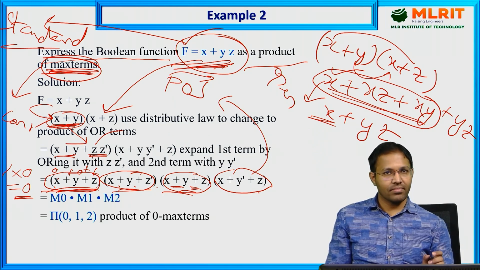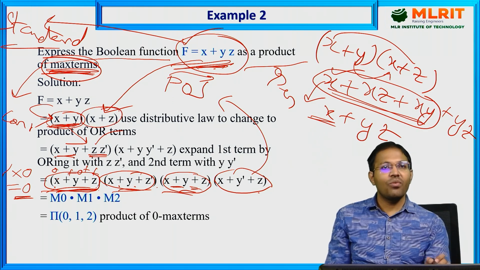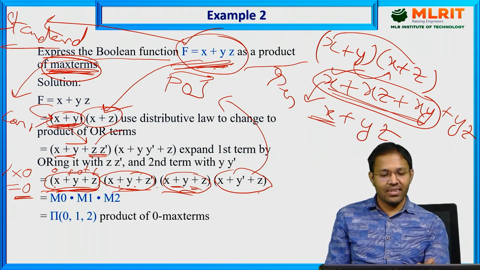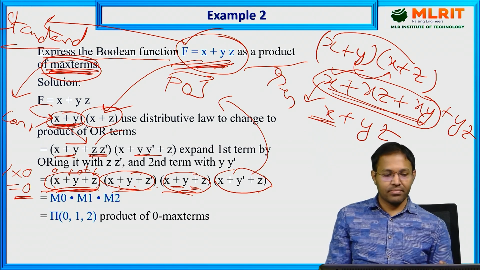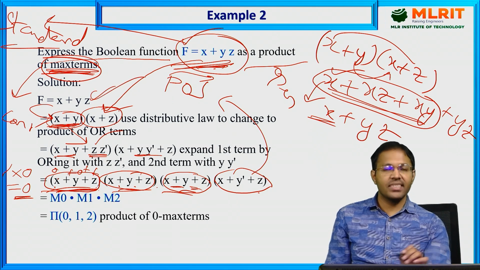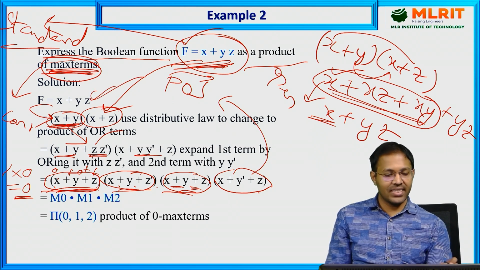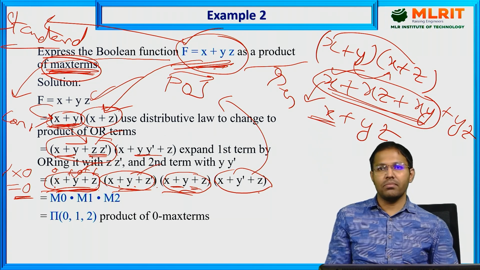Likewise, now here in this term, y is missing. So, add y into y complement. Now, again here, similar to what we have done in this case, this term we can further reduce into two subterms.